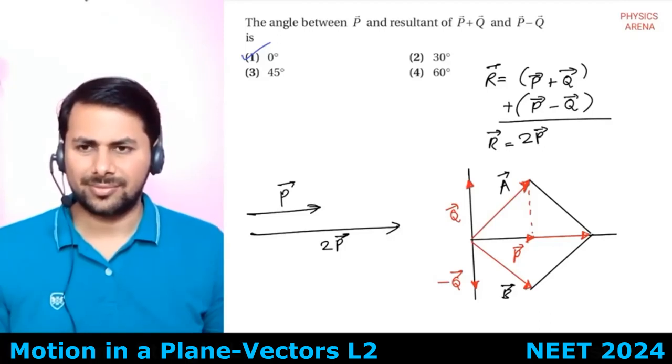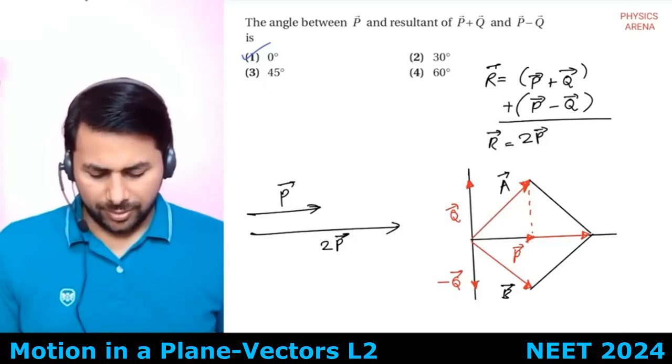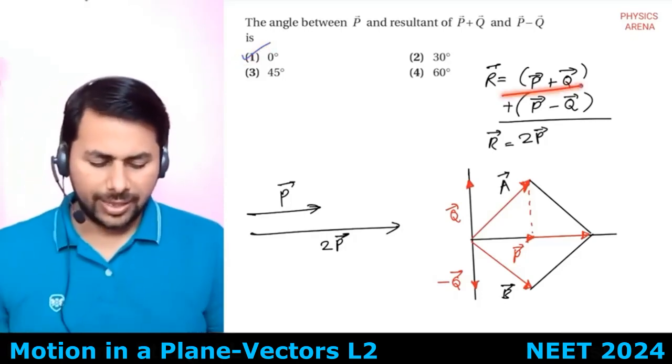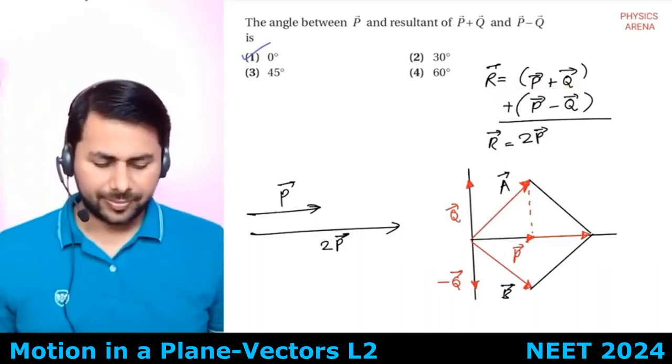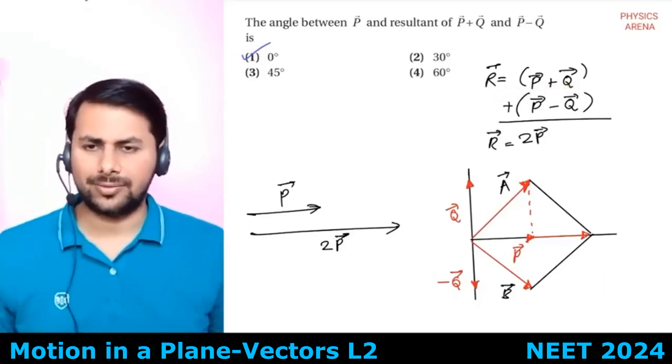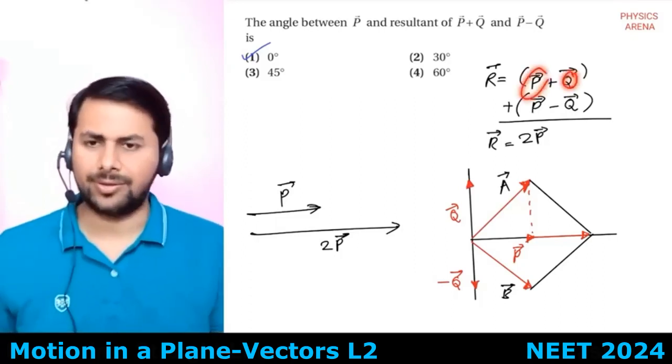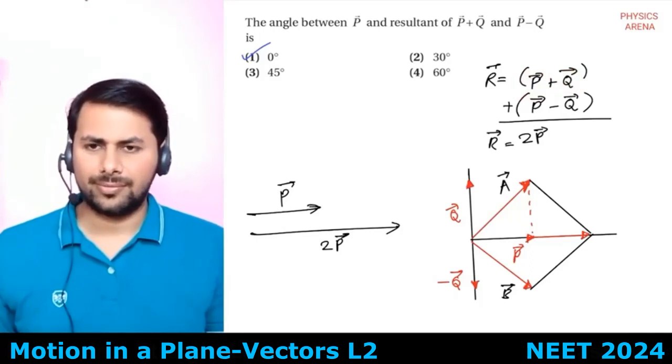So the angle will be 0. And you can add vectors like this, there is no problem in doing that. I am not adding numbers, I am adding them with direction. Okay, sir.